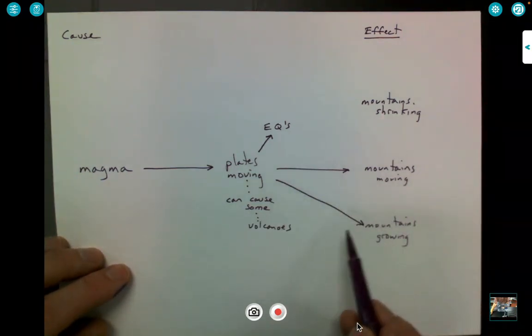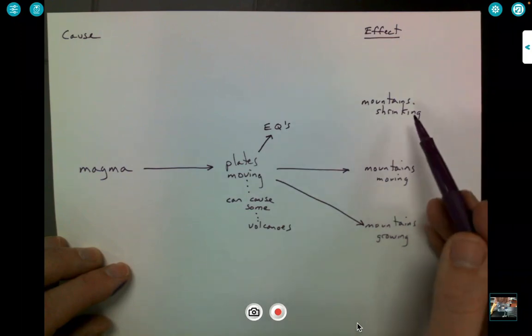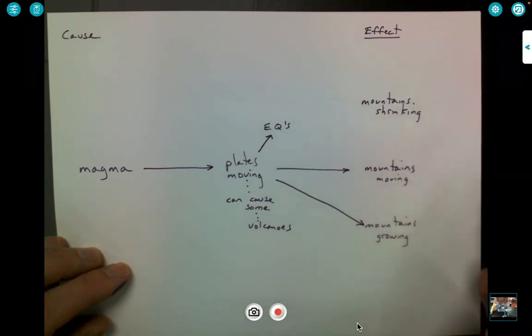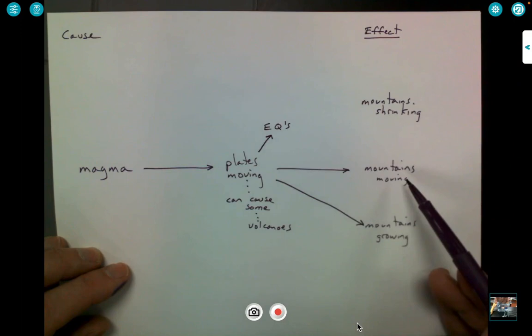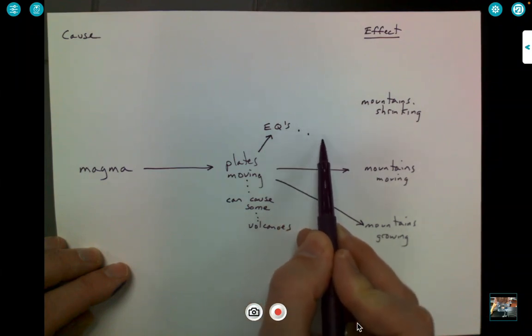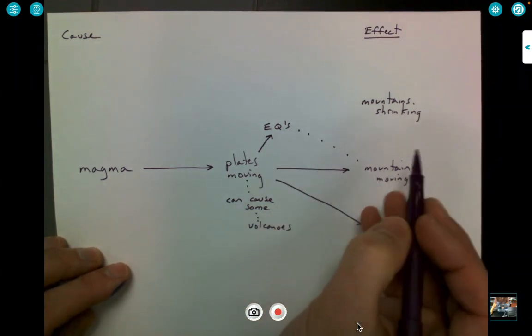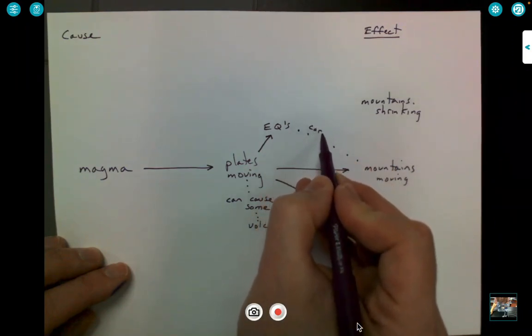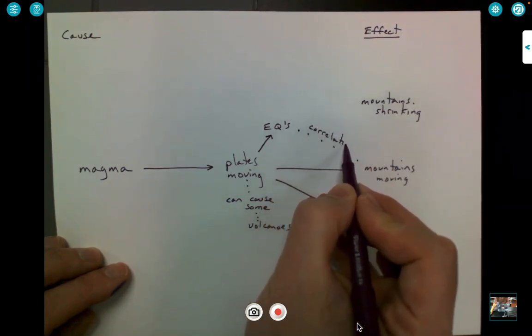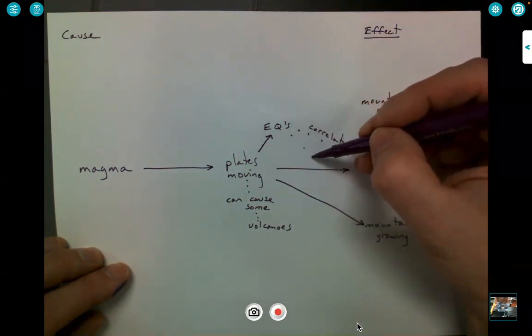And then we looked at, well, do earthquakes cause any of these things that happen? We haven't found out about shrinking yet too much. Earthquakes making mountains move is a possibility. I'm not sure if it's a causation, so we can do that with a dotted line. So there's a connection at least. So we'll at least put a correlation. And mountains growing can also be a correlation here.